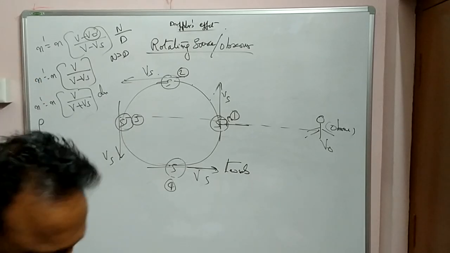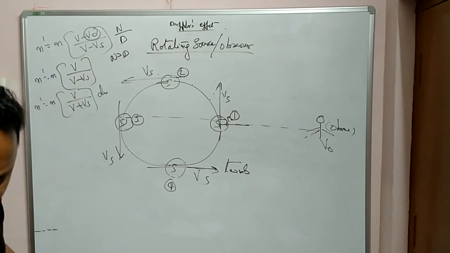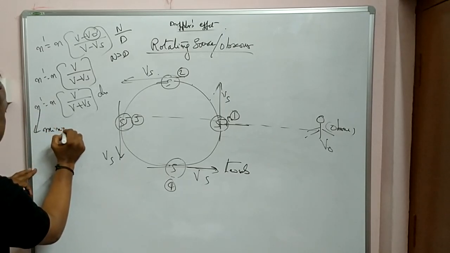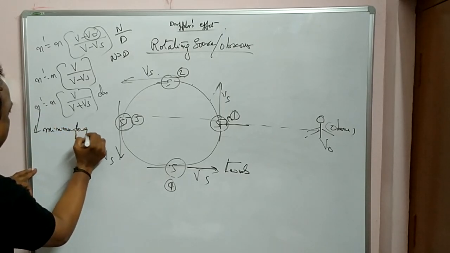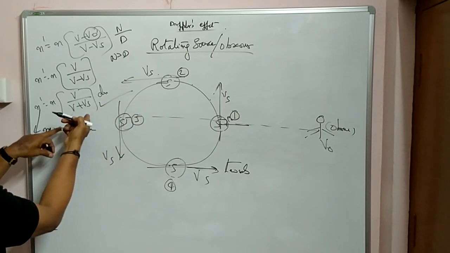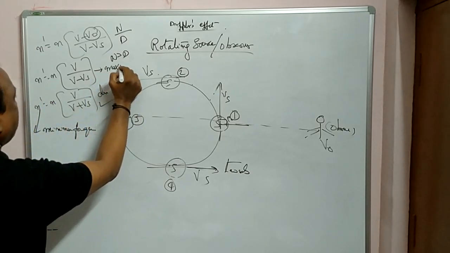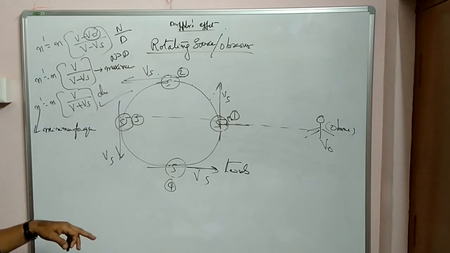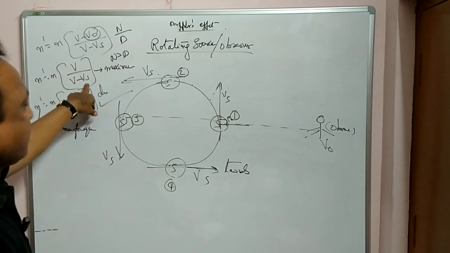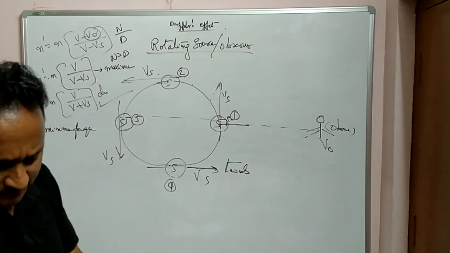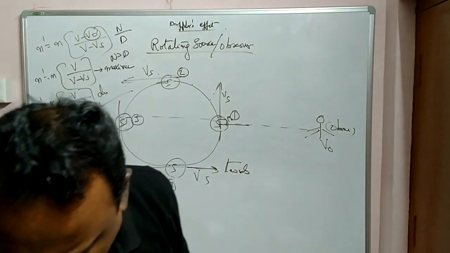You can call this minimum frequency, denominator more. Maximum frequency, because you can see the numerator is greater than the denominator. Towards, going away. Clear? Okay.